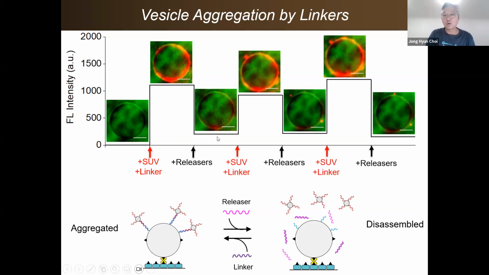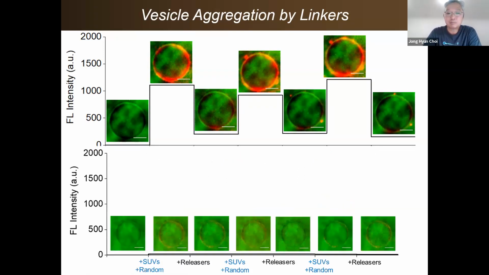Although it doesn't go all the way to zero, you get the idea. Perhaps we could have added higher concentrations of the releasers, but at least we know it works, although it's not perfect. Again, if you use random strands instead of linkers, it doesn't do anything.